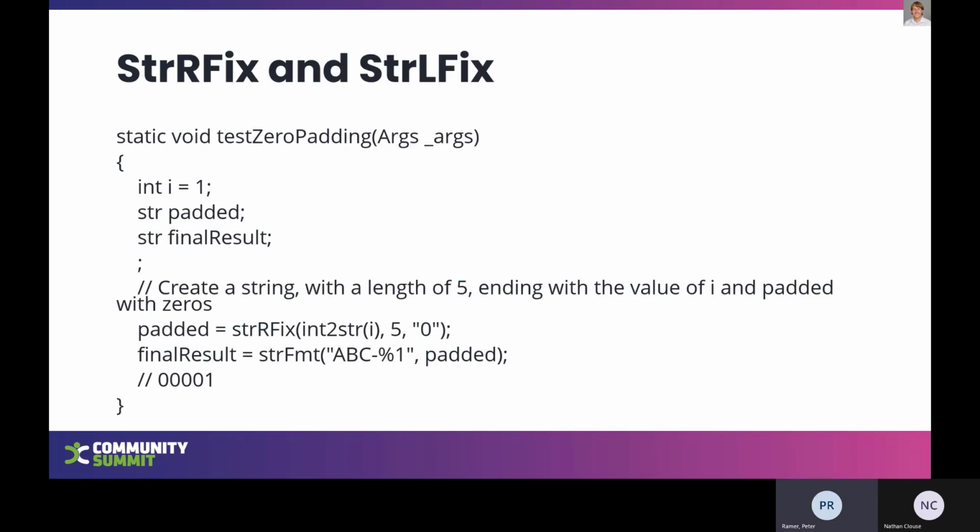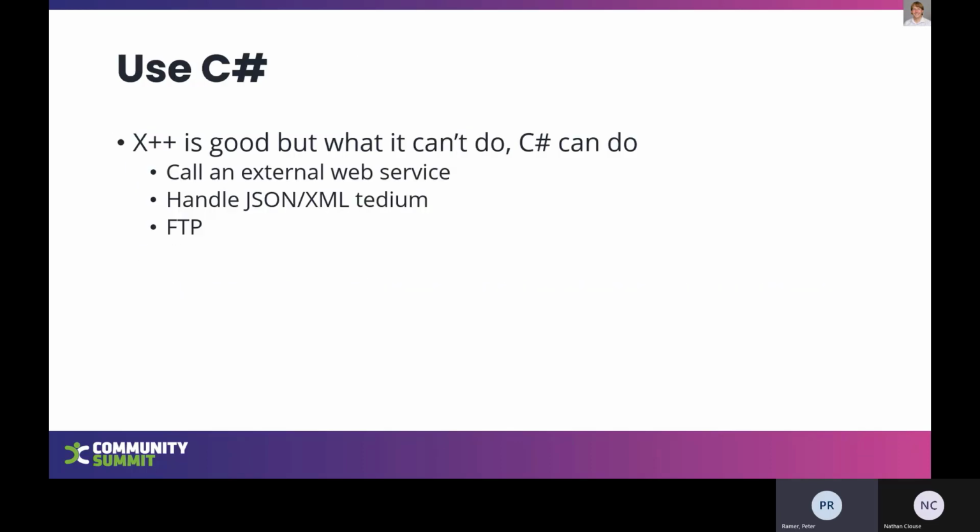We've got strRFix and strLFix. This can be helpful, if I remember correctly, to create a string with a length of 5, ending with the value of i and padded with zeros.